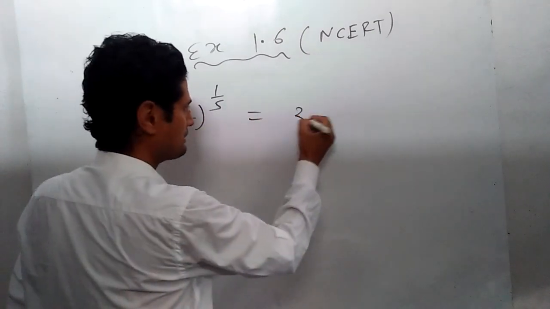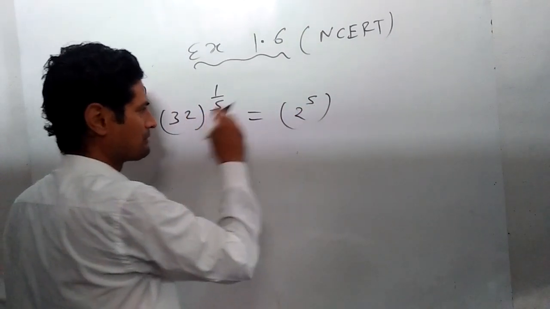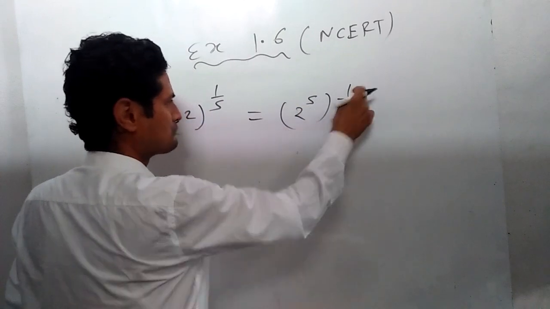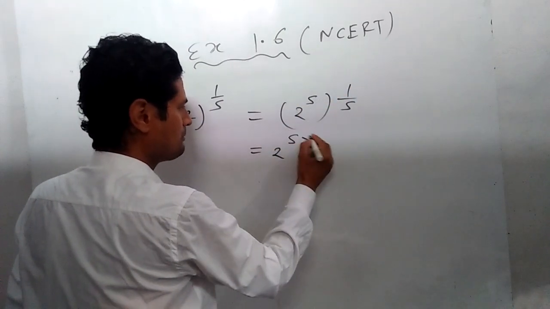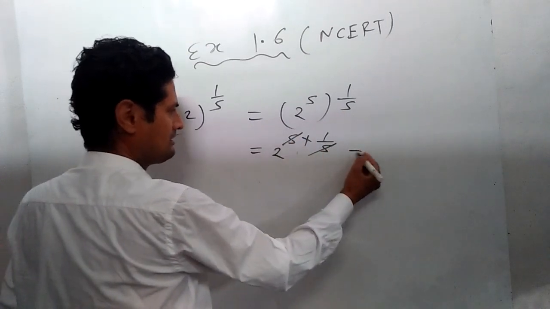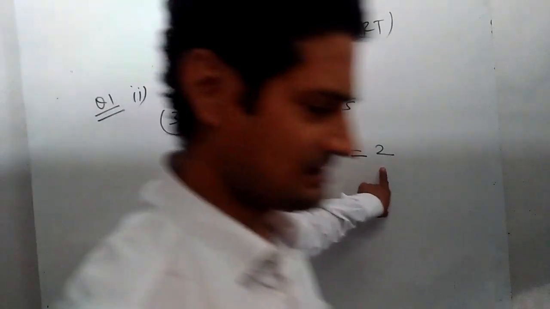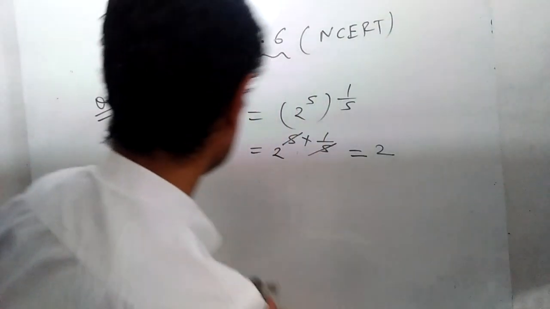So this number is 2, whose power 5 is equal to 32, and then power 1 by 5. Power to the power means we have to multiply 5 into 1 by 5. The 5 cancels. 2 to the power 1 is equal to 2. This is the answer.